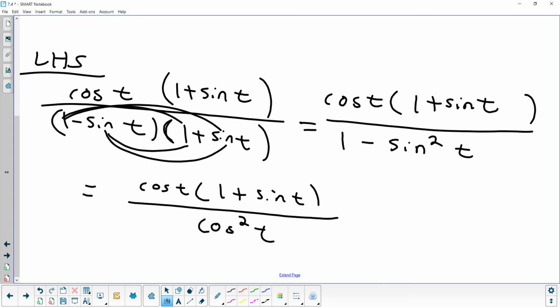Is there anything there that's common to the top and the bottom of that fraction? John? How many cosines on the top? How many on the bottom? How many are in common between the top and the bottom? One. I canceled out what was common to the top and the bottom.